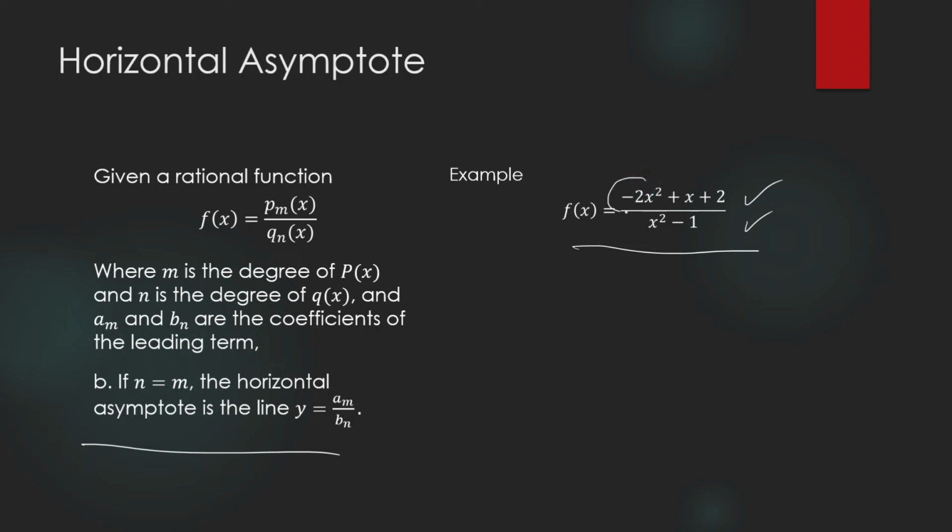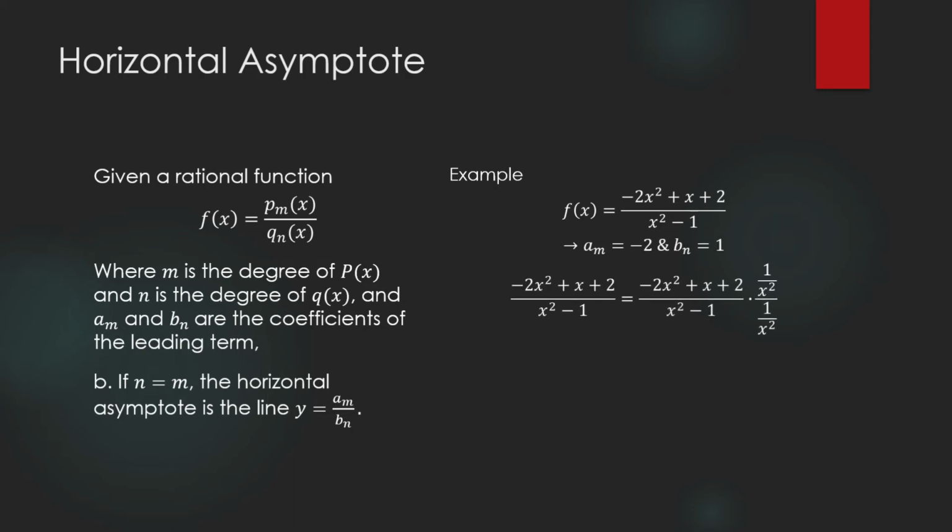So we will pay attention to the numerical coefficients of your leading term. Here a sub m is equal to negative 2, b sub n is equal to 1. We are told that the horizontal asymptote of this function ought to be negative 2 divided by 1.